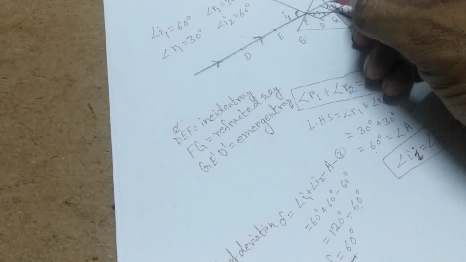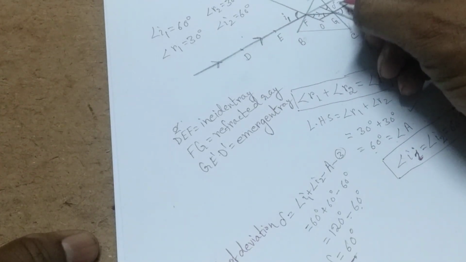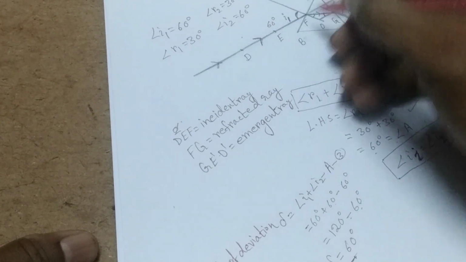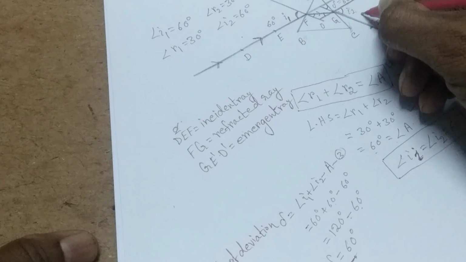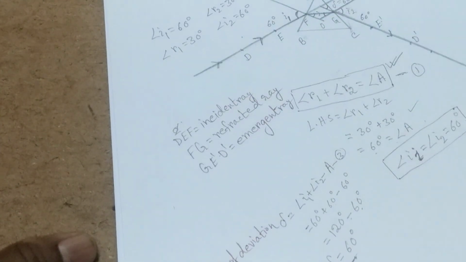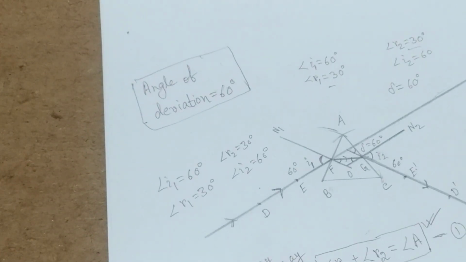We measured this one and we got del as 60 degree. And this I1 we got is 60 degree, and this I2 we got 60 degree. R1 we got 30 degree and R2 we also got 30 degree. Right? That means in this experiment we got the exact result of angle of deviation of this prism.